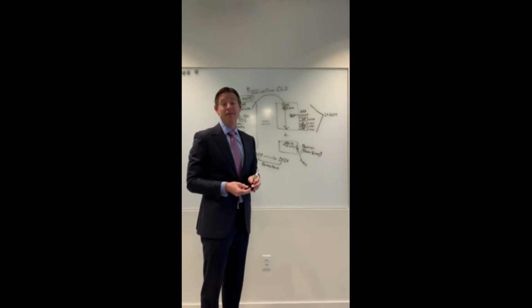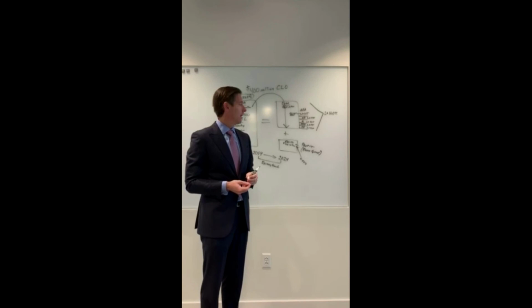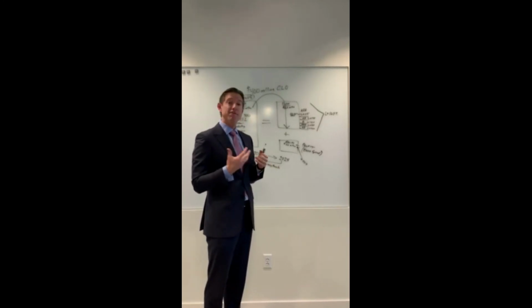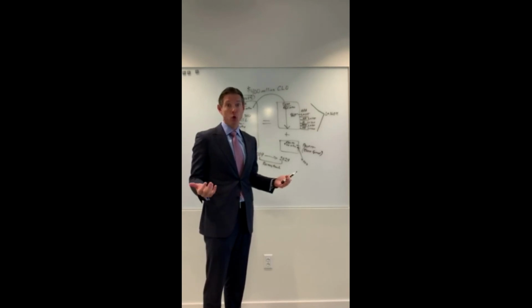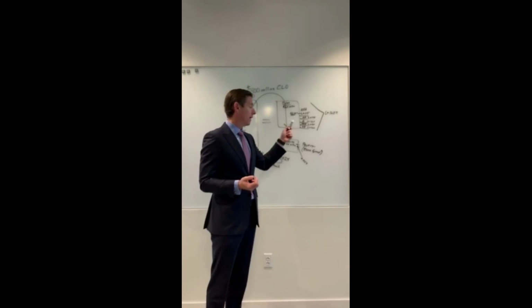And CLOs have had major success paying everybody back at par. I think it's a very important consideration. Again, back to defaults. There's been very few, 53 total over the history of the market. So CLOs have paid back at par.